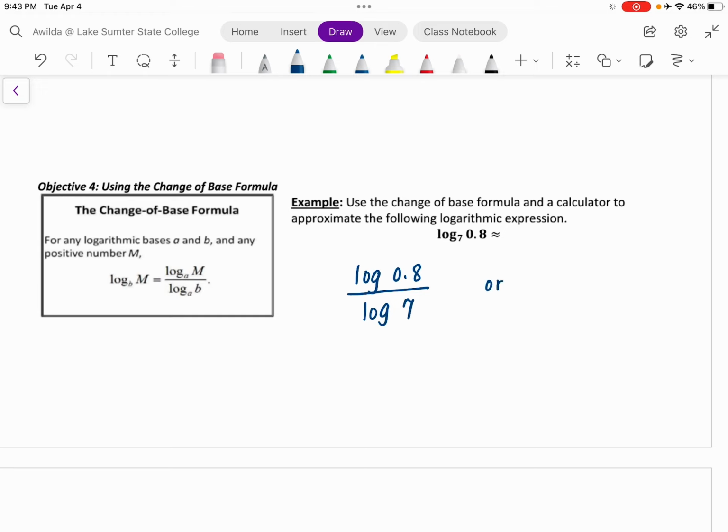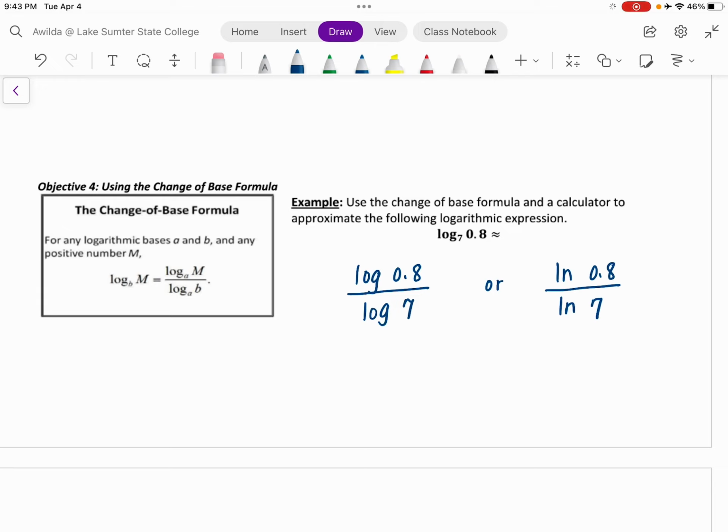Or we can also write this as the natural logarithm of 0.8 divided by the natural logarithm of 7. In either case, you can use a scientific calculator or a traditional calculator from your smartphone to approximate the logarithm base 7 of 0.8 using the above.